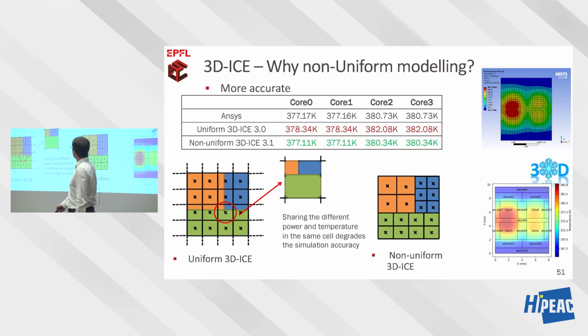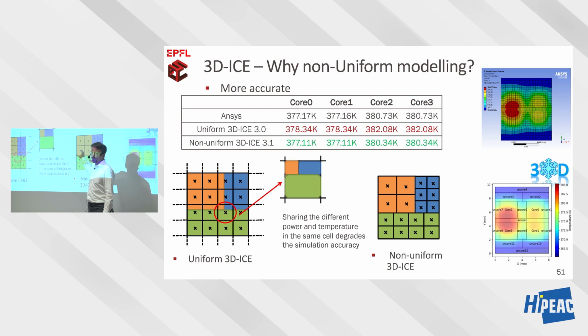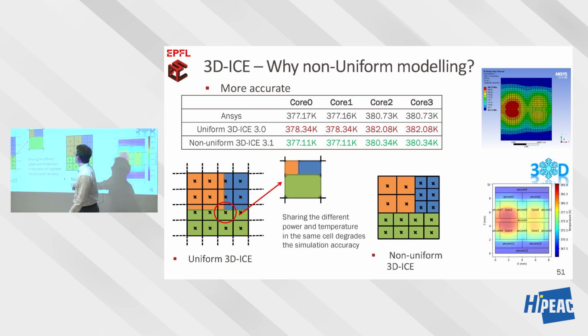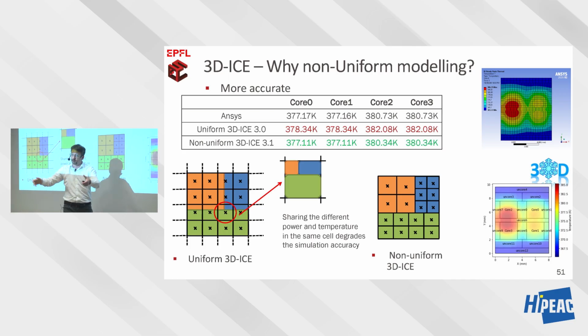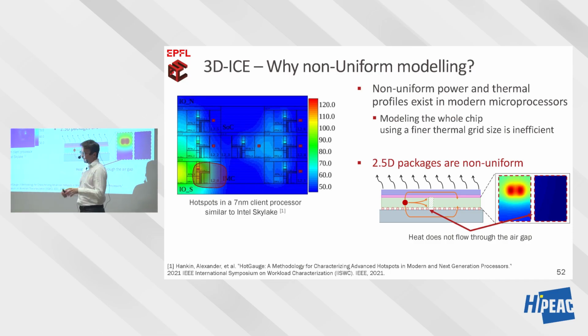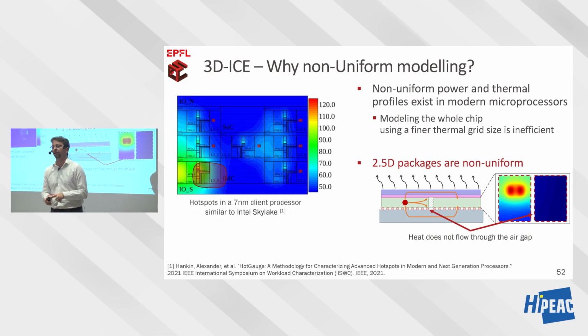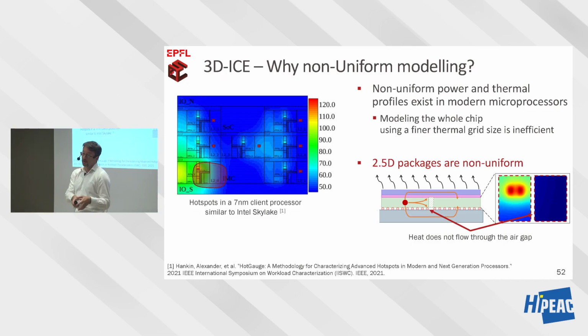Why is this nice? First of all, because you may want to abide precisely to the different regions of your layout. So if this is a memory and this is a processor, you would like your grid to abide to that. Secondly, because you would like to have smaller cells in the parts of your chip which are more critical. Typically, memories are cooler than processors. You would like to have a finer grained analysis on the processor and a coarser grained analysis on memories from a thermal perspective.